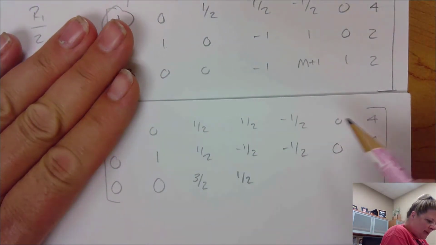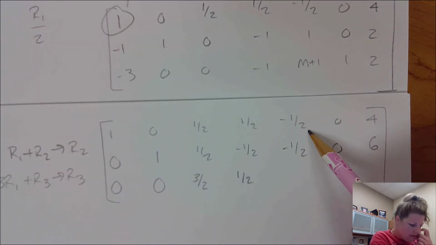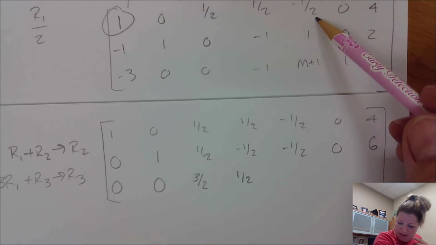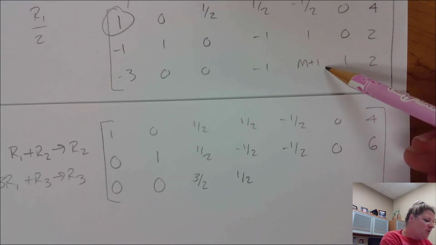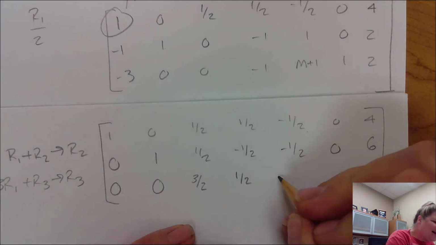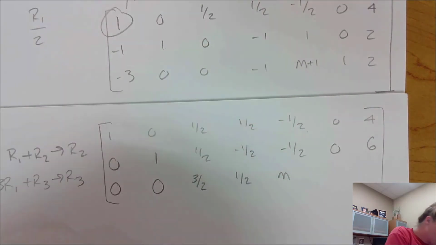Okay, and then 3 times -1/2 is -3/2. -3/2 plus the m plus 1. So the m stays the same because you can't add a number and an m, but I have 3 times -1 is -3/2 plus 1 on there, so that'll give me -1/2.